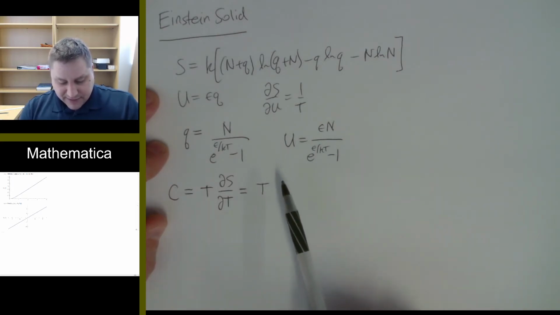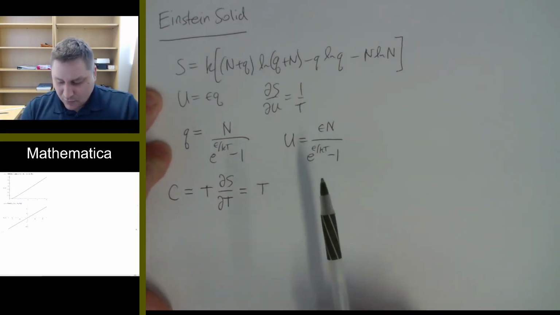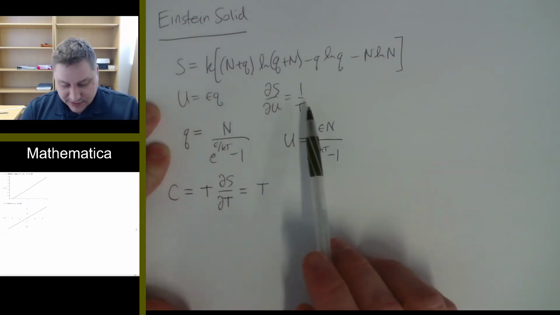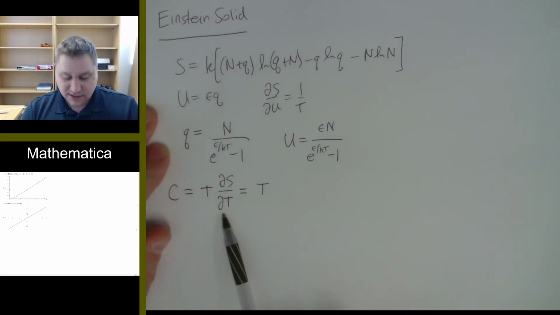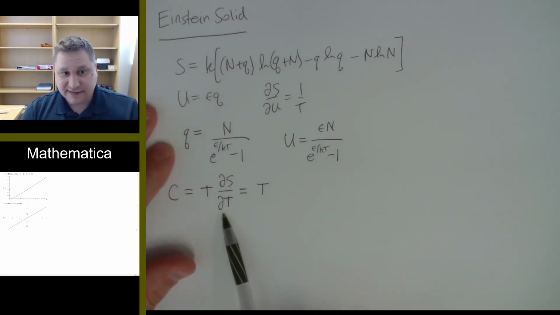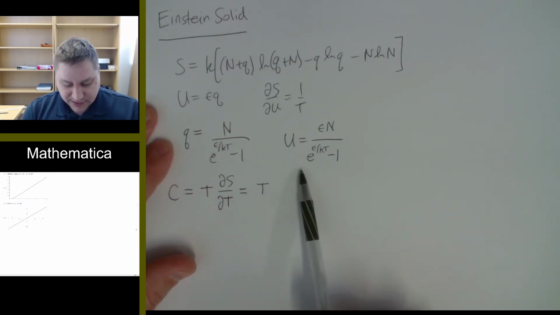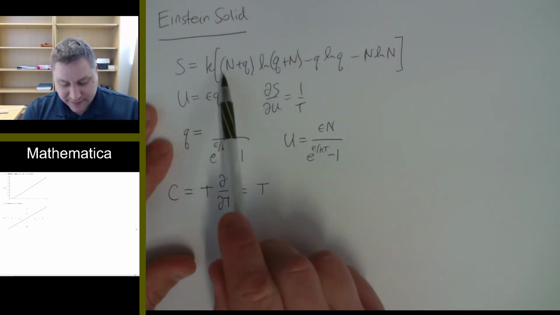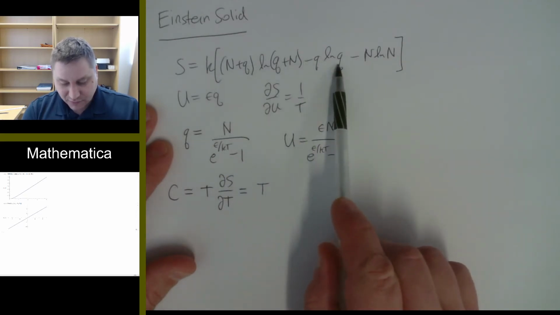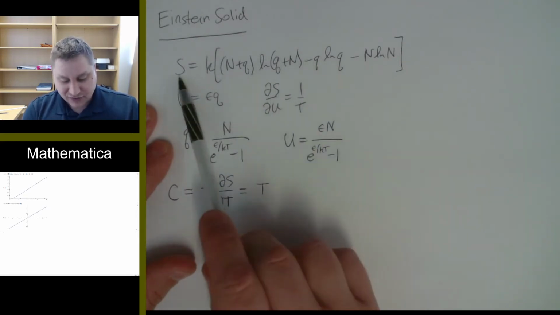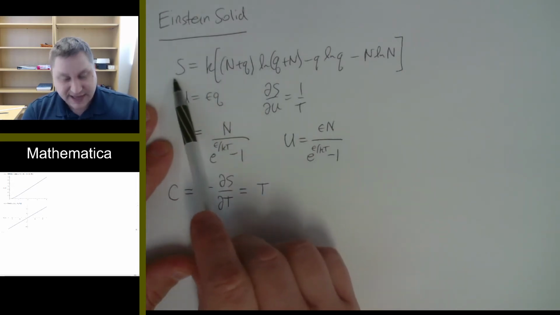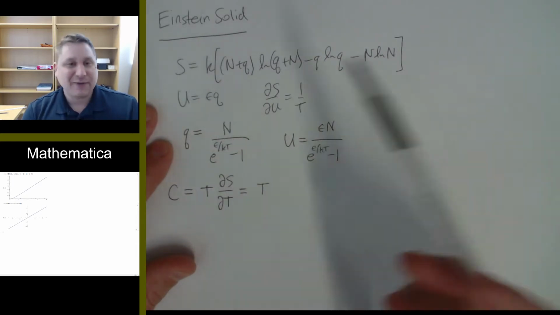But we're going to make an approximation here to make our lives easier. Of course, we could do this derivative exactly. It's tedious, but it's not impossible. There are no special tricks that are needed. We would need to take this formula and use it to eliminate Q in the formula for entropy, and then we would have entropy as a function of temperature and number of oscillators, and we would take the derivative of S with respect to T. That would give us the heat capacity.